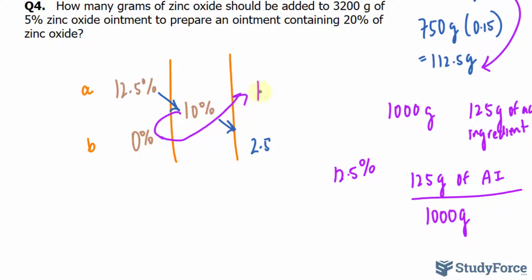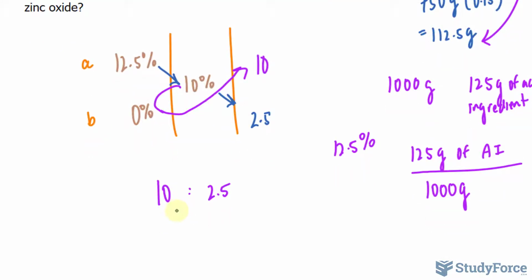So 10 minus 0 is 10. You need 10 parts of the 12.5% mixture and 2.5 parts of the petroleum jelly in order for you to make up a 10% mixture. This ratio reduces down to 4 to 1, and you can find that out simply by dividing each of these values by the smaller of the two values, which is 2.5. So dividing 2.5 by 2.5 makes 1, and dividing 10 by 2.5 makes 4.